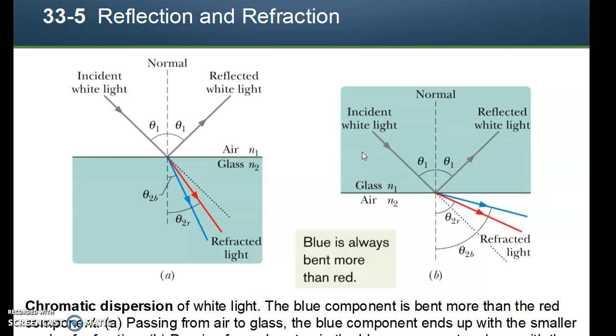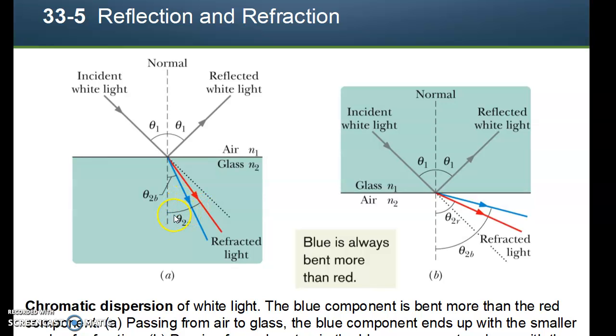So let's talk about chromatic dispersion. Chromatic dispersion is an interesting phenomenon. It's what allows you to see things under the shade of a tree and so many other places where you don't have perfect light. So you have incident white light, and then you have reflected light, and then you have refracted light through a glass right here. And you can see that theta 2b is an angle right here.